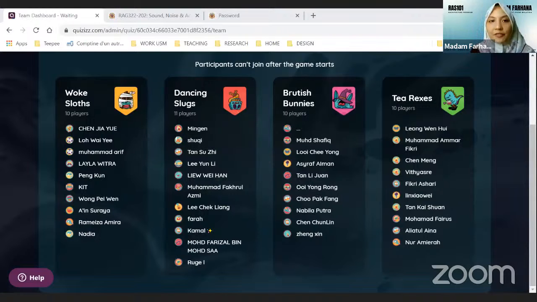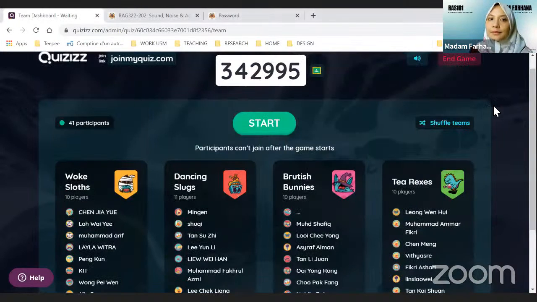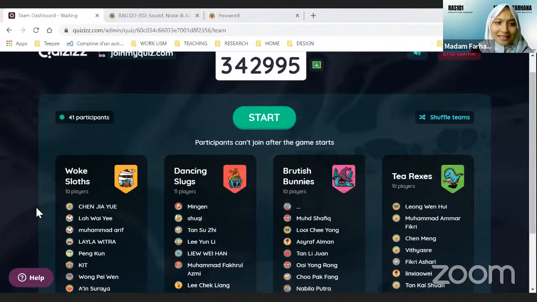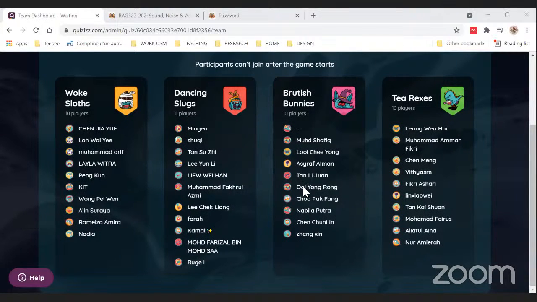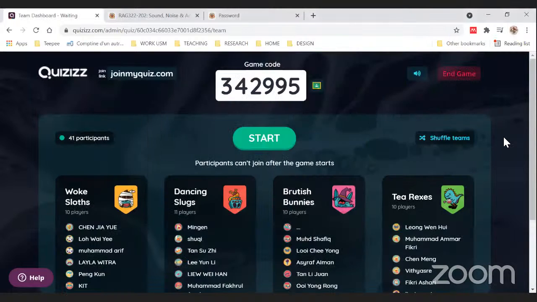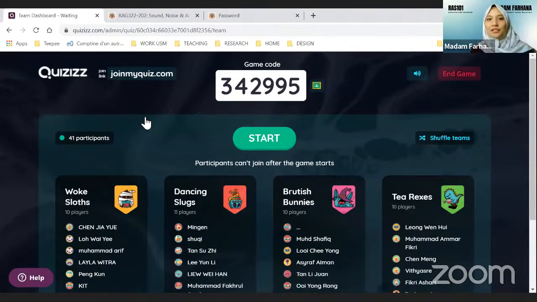There's actually 47 in the Zoom meeting, but only 41 in the game. Who's not here yet? Madam, can you show the code? This one. 342995.